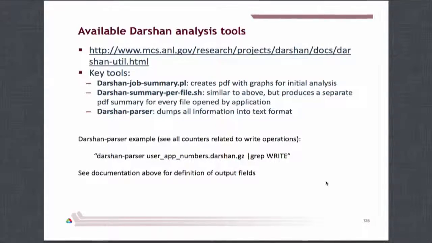So that's not something you really want to be staring at. It's kind of like looking at the matrix, but if you know what you're looking for, you can just kind of grep through it. For example, an easy one is just to grep for the word write in the output, and it'll show you all the counters that are particular to write operations. And there's a lot more detail there than what you see in the graphs. The graphs are just kind of summarizing a few things that we think were helpful, but there's more in there if you dig around.